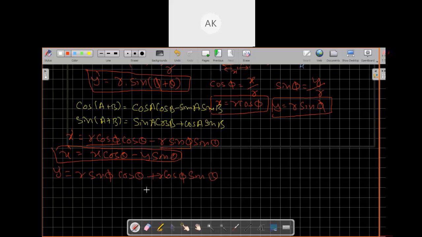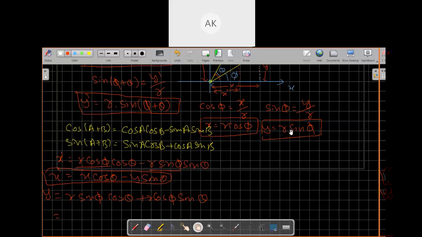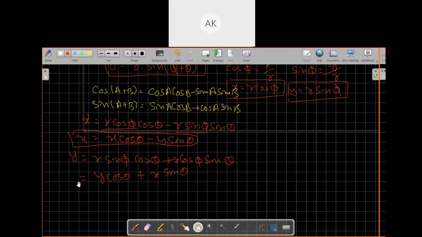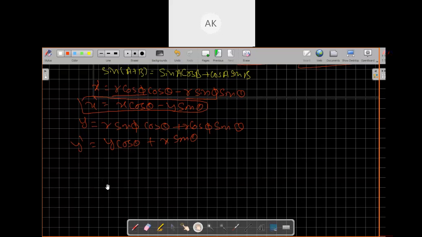From this equation, what we have derived: r cos phi equals x and r sin phi equals y. So put this value: x dash equals x cos theta minus y sin theta. So we have calculated this x dash in terms of cos theta and sin theta.